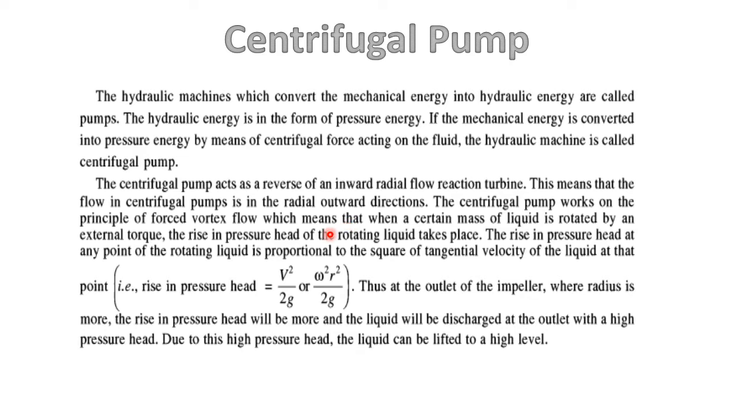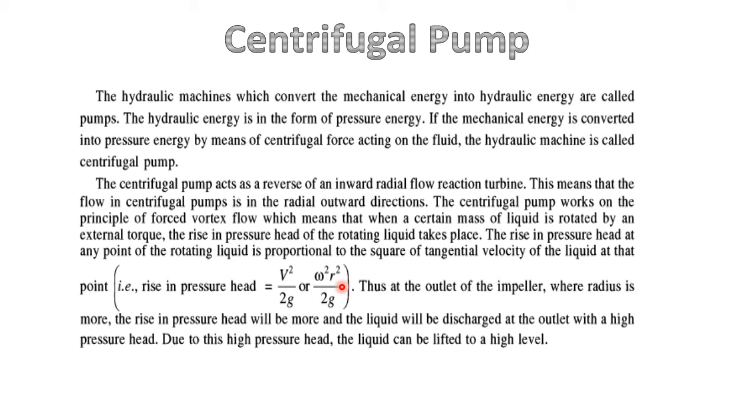The centrifugal pump works on the principle of forced vortex flow, which means that when a certain mass of liquid is rotated by an external force, a rise in pressure head of the rotating liquid takes place. The rise in pressure head at any point of the rotating liquid is proportional to the square of the tangential velocity of the liquid.